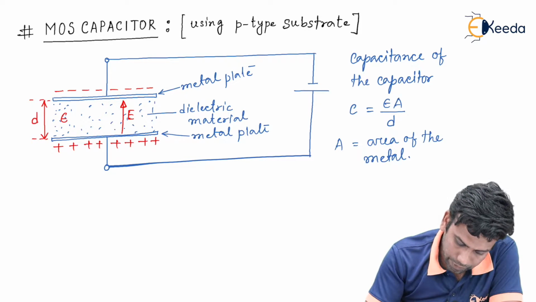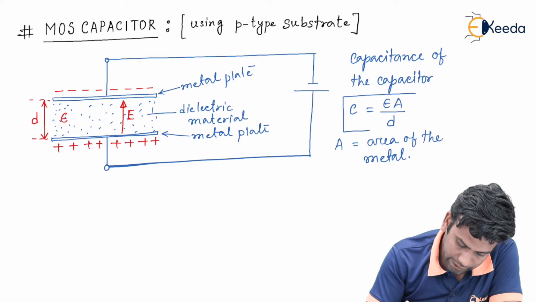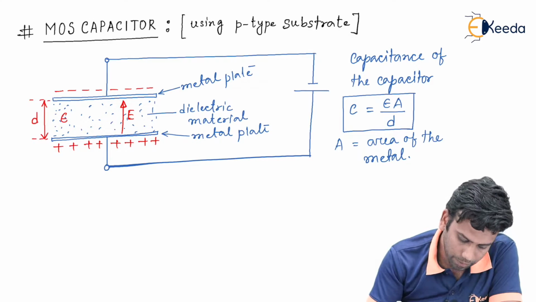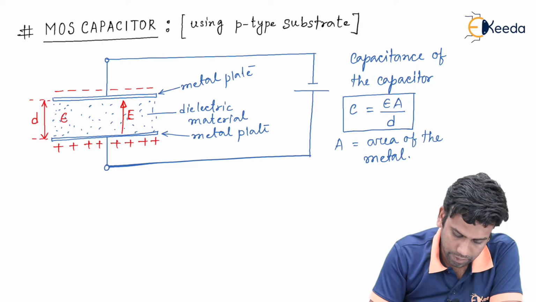Now from this equation we can find the value of the capacitance of this parallel plate capacitor.